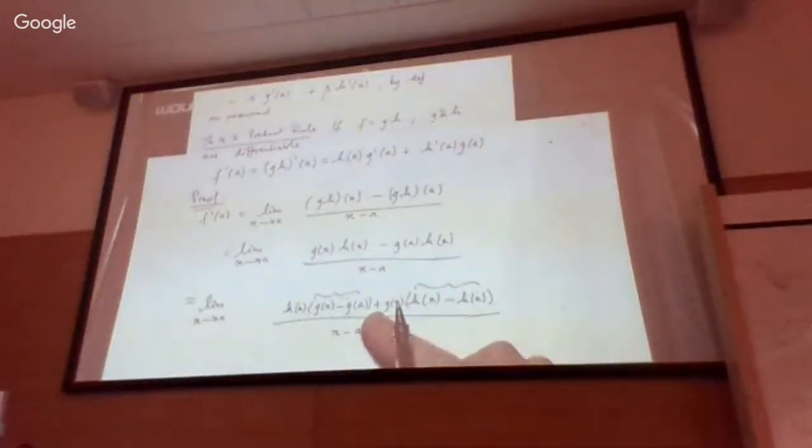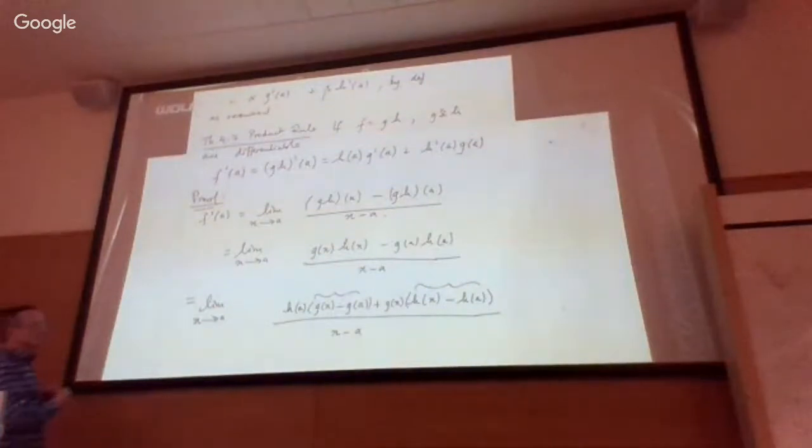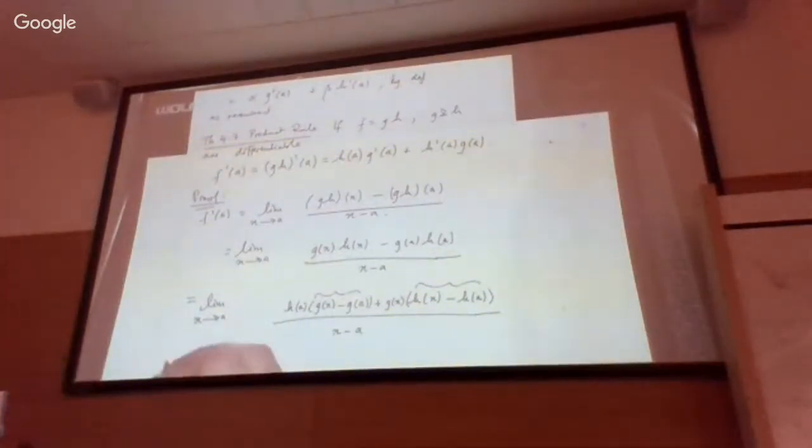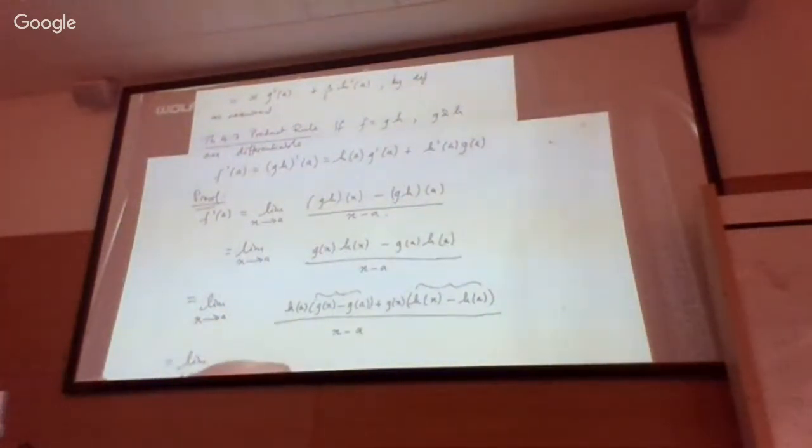And I've just got a sum of two terms. So the natural thing there, I can split the fraction into the sum of the two fractions. So I can say here now this is a limit as x approaches a of the first fraction, which is h of a times g of x minus g of a over x minus a.